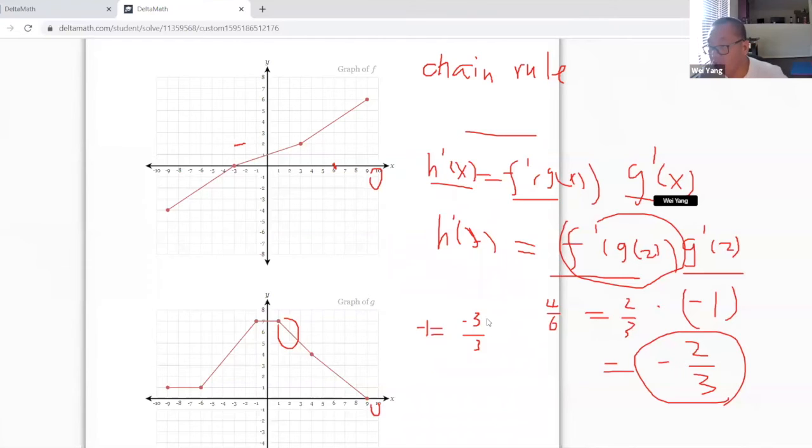When you try to find the derivative of h, first you need the derivative of f. But the variable in f(x) is g(x), an intermediate function. It's not the final variable. So that's the reason we need to keep the derivative of g(x).